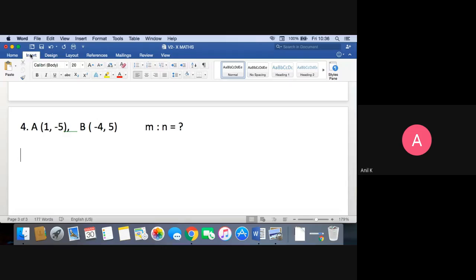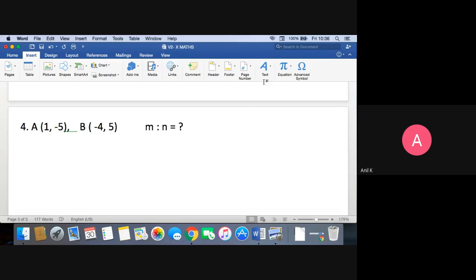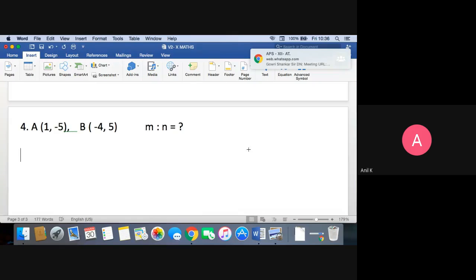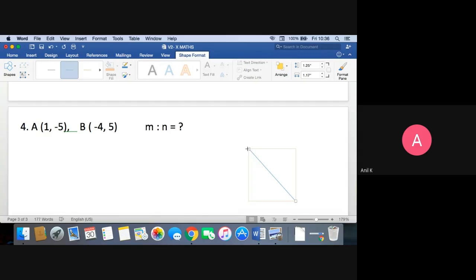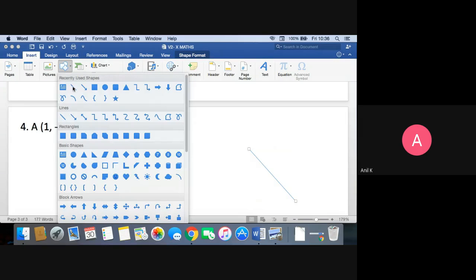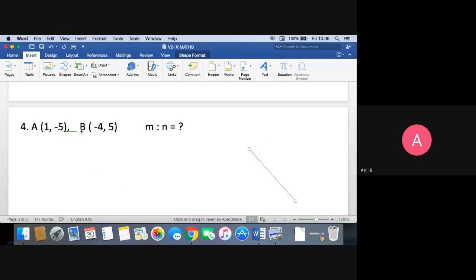Now the line segment is divided by the x-axis. Let me draw the diagram, maybe you will understand a little more clearly. This is the line segment which I have, where here is the point A and here is the point B. Generally we say the line segment joining the points A and B is divided by the point P. But here they said this line segment is divided by the x-axis.